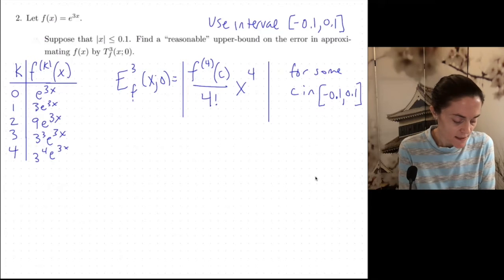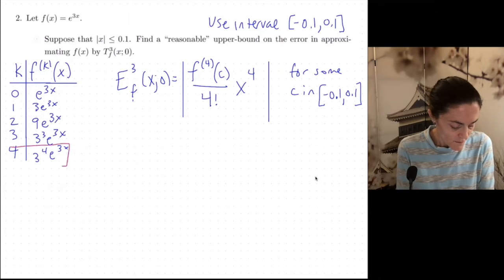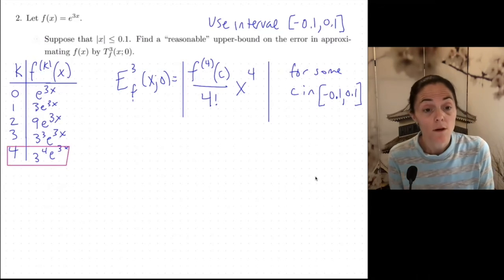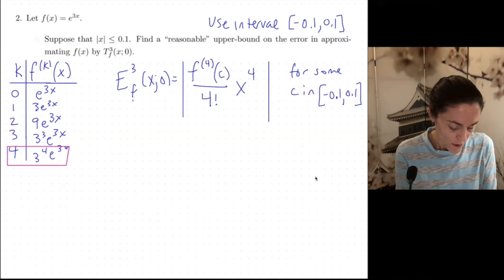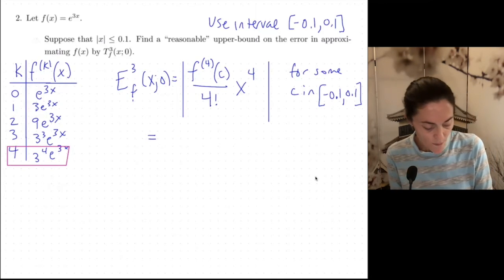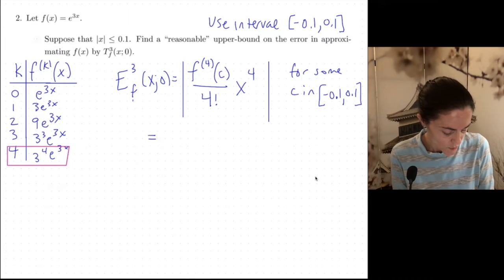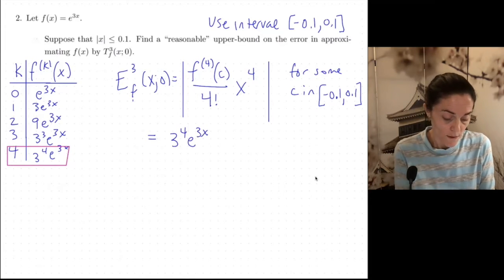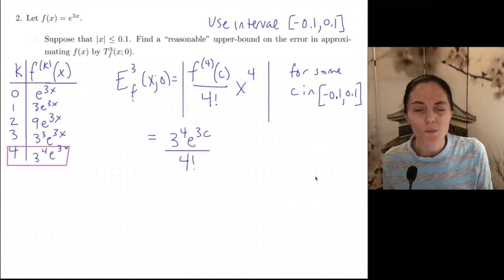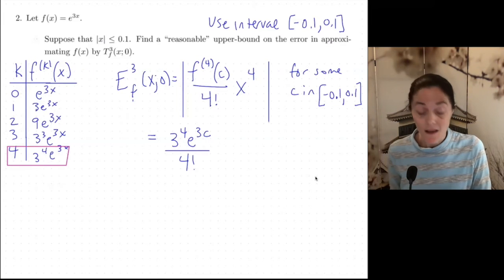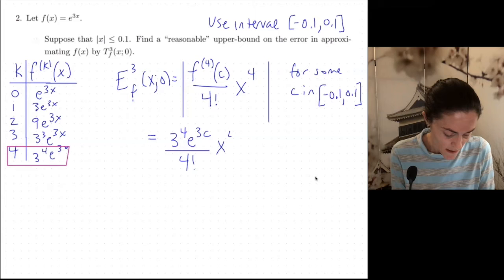So this is my fourth derivative that I will use: 3 to the 4th times e to the 3x. This is equal to, well, this is positive, so I will just put 3 to the 4th, e to the 3c, excuse me, and then divided by 4 factorial, and then we have absolute value of x to the 4th, but x to the 4th is always non-negative, so I could just write this.